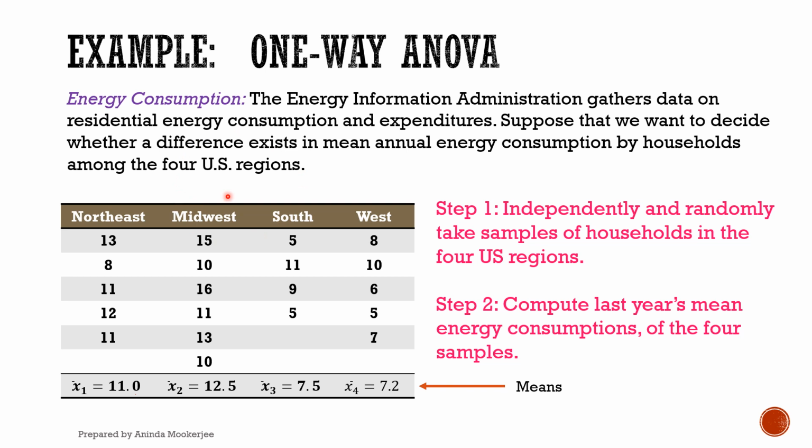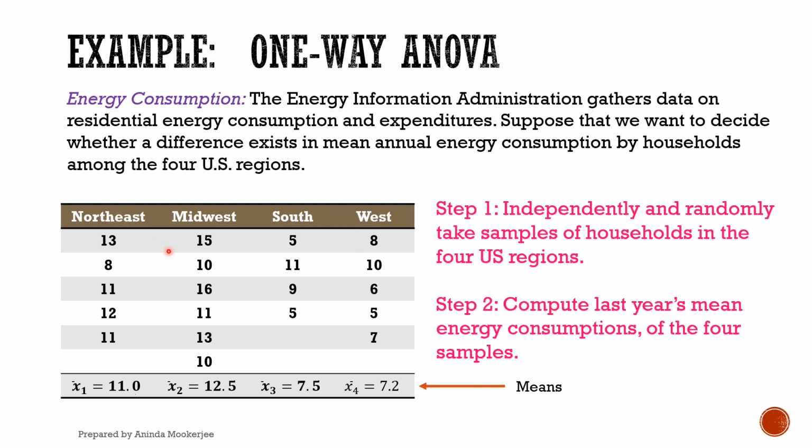We divide the country into 4 regions, the Northeast, the Midwest, South, and West, and the data here is the energy consumption and expenditure of households obtained from these different regions.